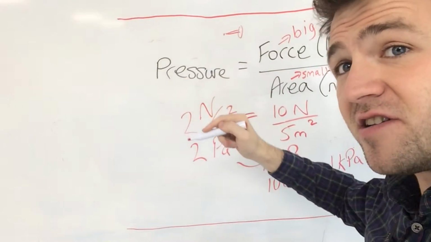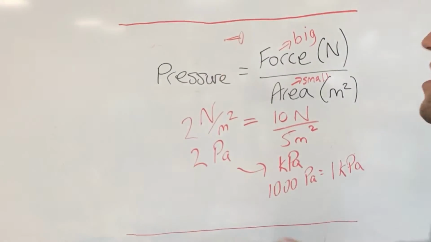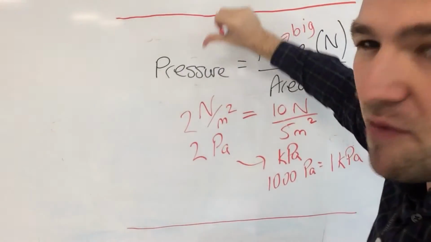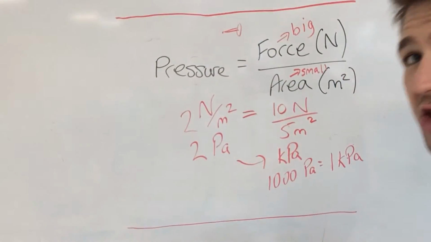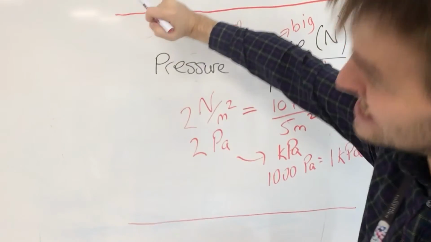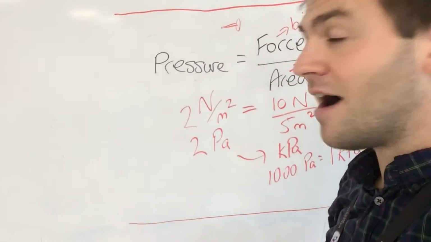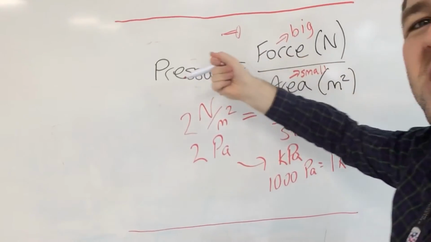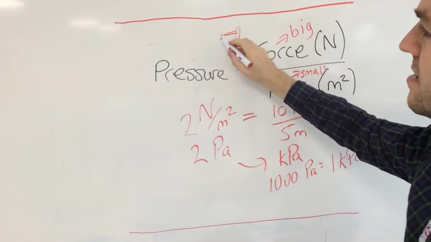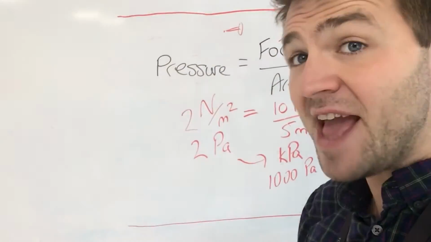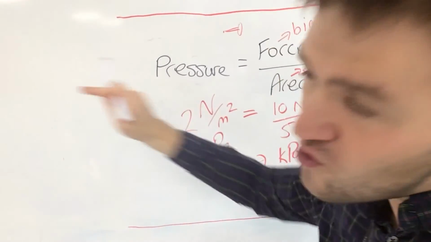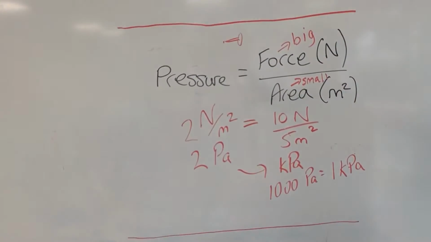That's really good, because that small area means I can push that pin in easily with only a little bit of force. If I try the other side, it's really hard to get it in. But here, I make the pressure super big, so I can press into the wall.